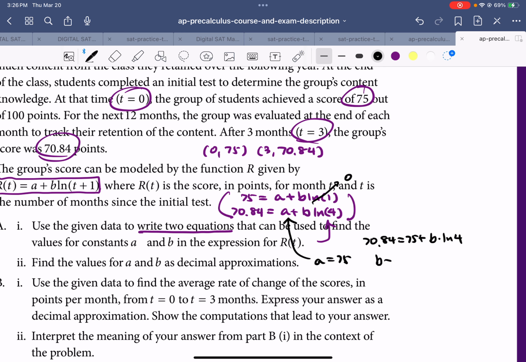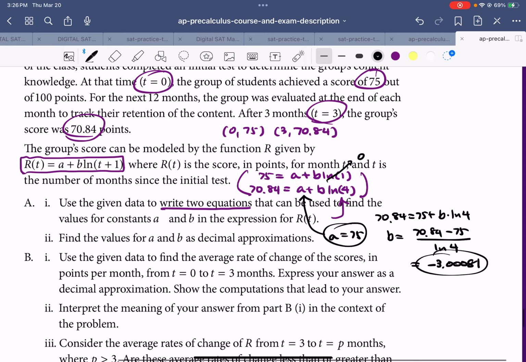So the B value is (70.84 minus 75) over ln of 4. Once you type this in the calculator, you will get B is approximately negative 3.00081. I already put it in the calculator ahead of time. Okay, so that's the answer for A and B. So, okay, let's move on.